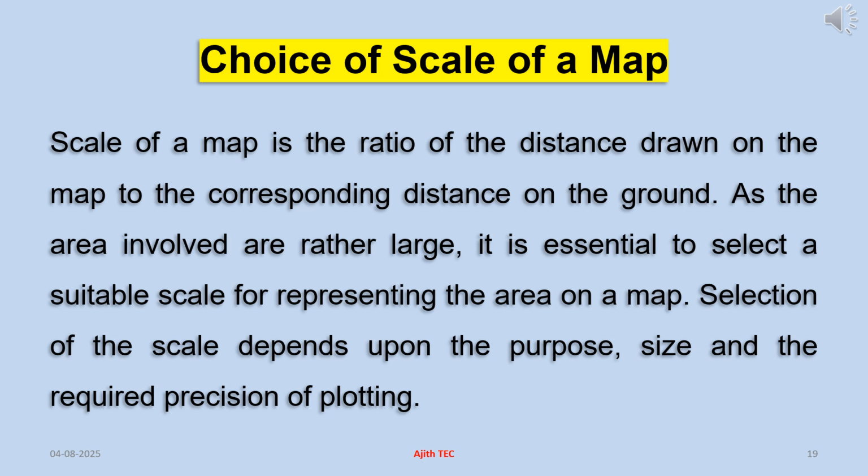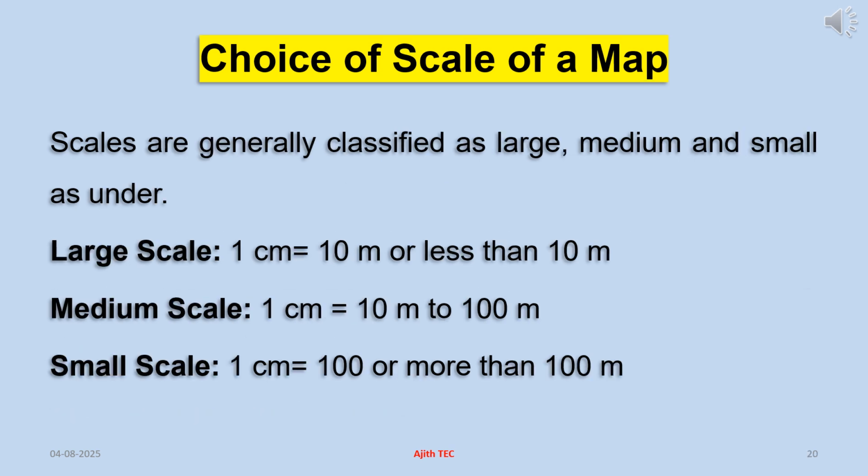Choice of scale of a map. Which scale is selected for a given map design problem will finally depend on the map purpose and physical size. The amount of geographical detail necessary to satisfy the purpose of the map will also act as a constraint in scale selection. Scales are generally classified as large, medium and small as under.